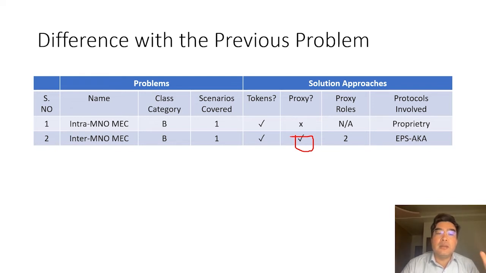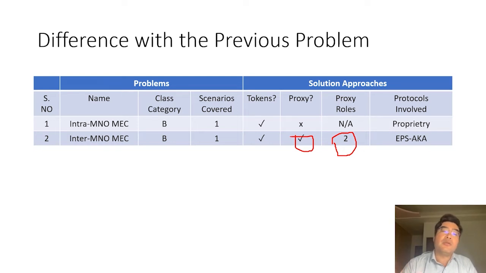In the previous problem, there was none. It was only two MECs, but in the same service provider, for example in AT&T alone. But now it's between AT&T and Verizon. And even the proxy needs to play some role in order to convert in between.